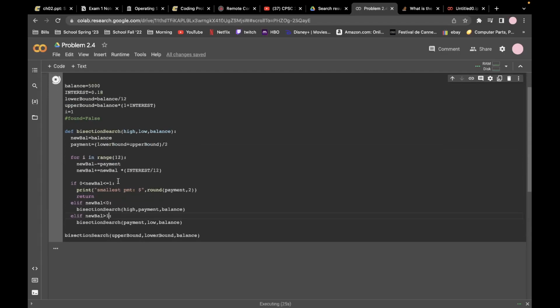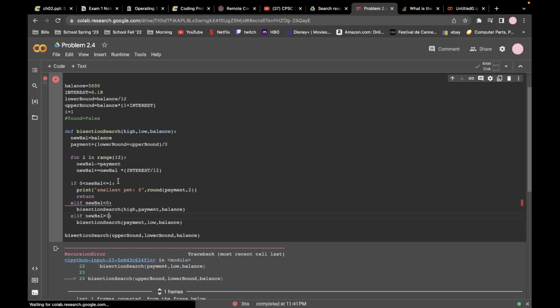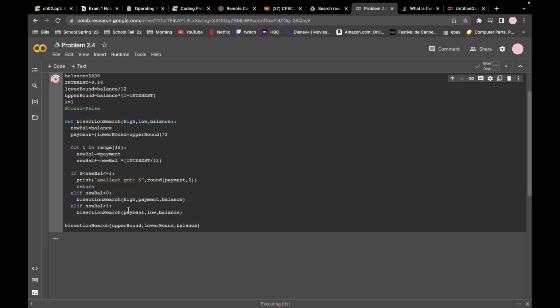At this point, I don't really know what to do. Balance times interest. And here we're adding new bal. New bal. Annual interest rate divided by 12. I just don't know. Yeah, this doesn't make any sense here.